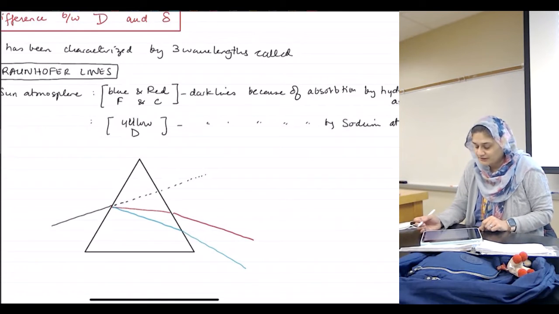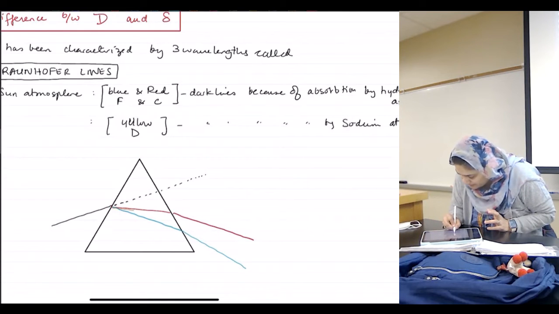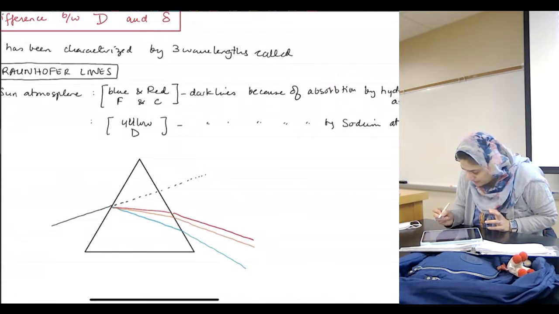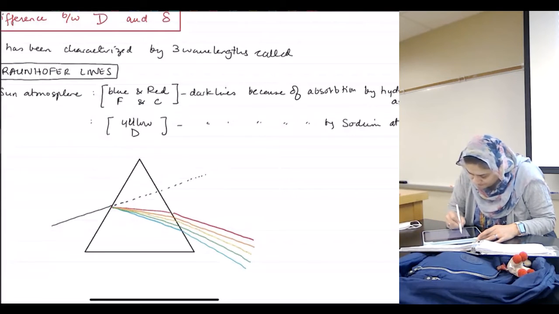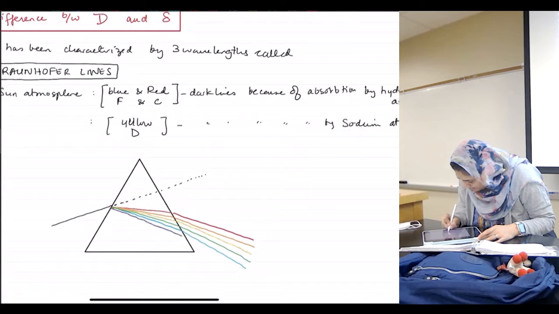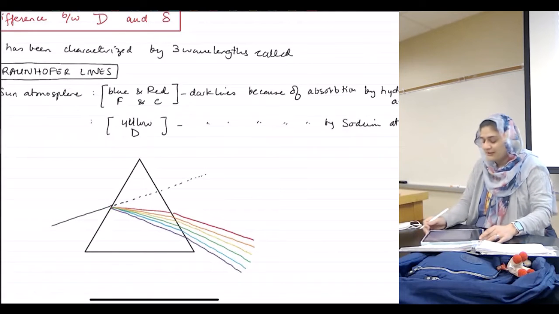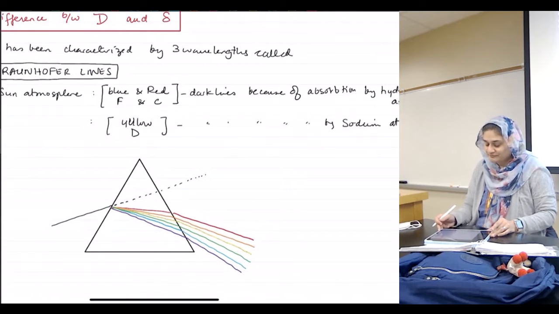And then all the other colors in the middle. Orange, right? Yellow, right? Green. Blue. And I'm just going to do violet. Oh, that looks actually quite pretty.